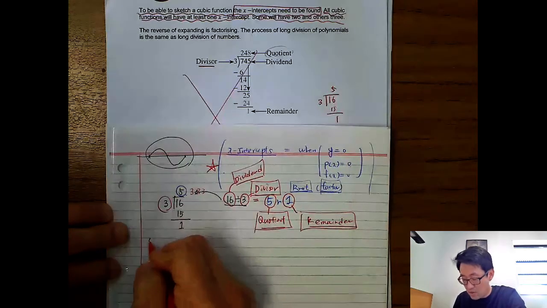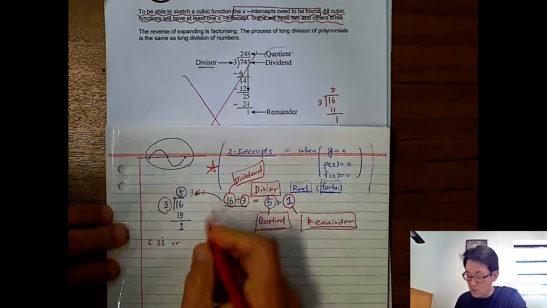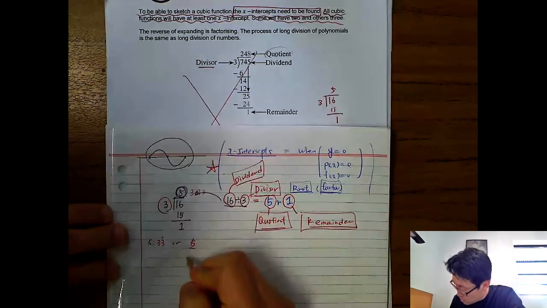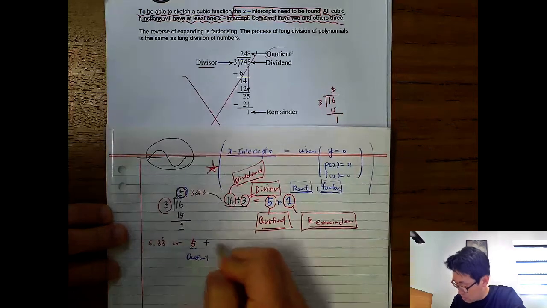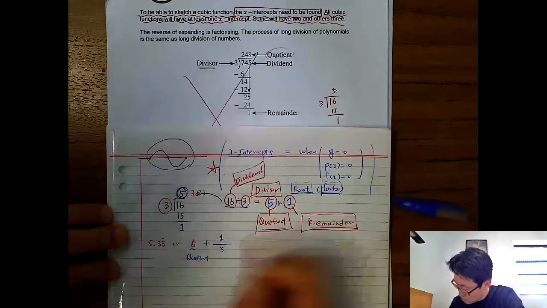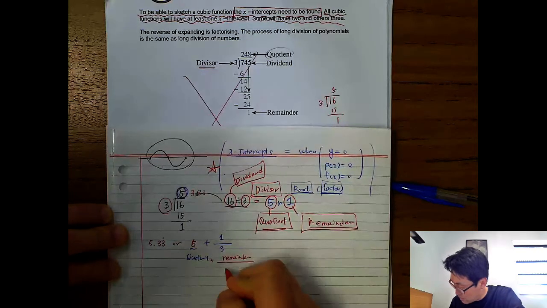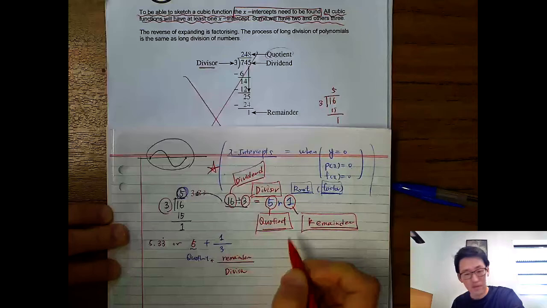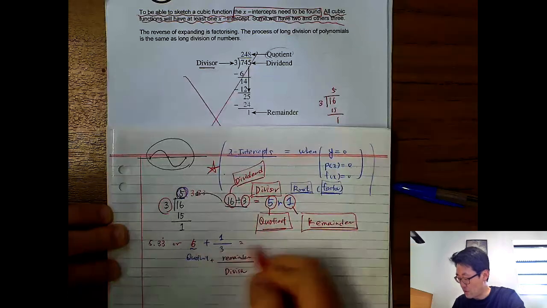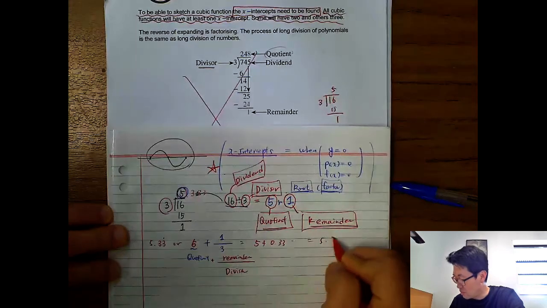Or I can write 5, which is the quotient, plus 1 over 3, the remainder over the divisor. 5 plus 1 over 3 means 5 plus 0.33 continuing, which is 5.333.